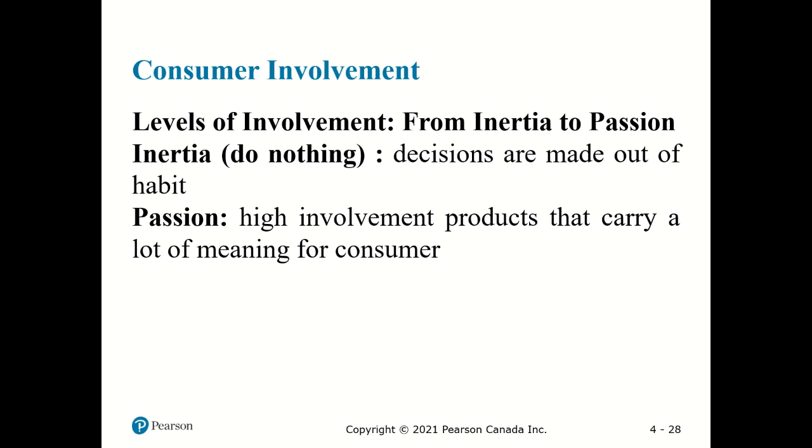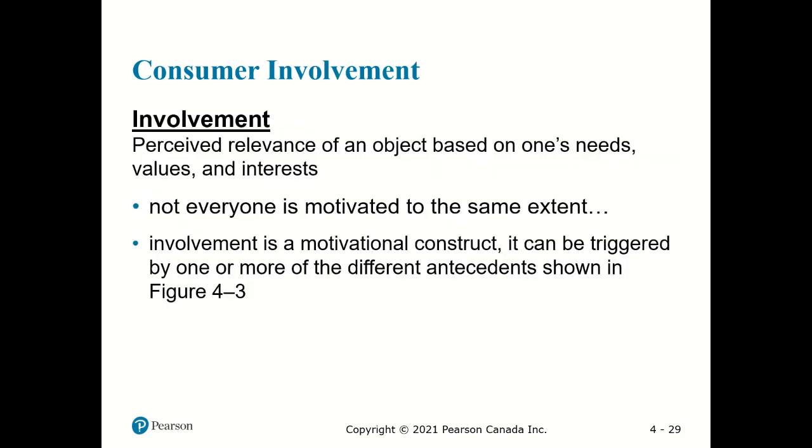Now if we talk about consumer involvement, the level of involvement may range from inertia to passion. So inertia means doing nothing, and it means the decisions are made out of your habits, right? You don't spend too much time there, right? So passion is high involvement with products that carry a lot of meaning for the consumer. Maybe buying some costly items, a car, or maybe real estate or a property.